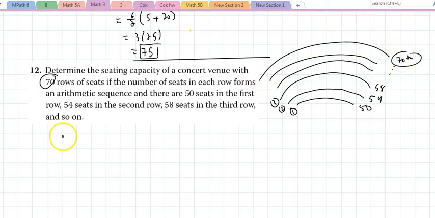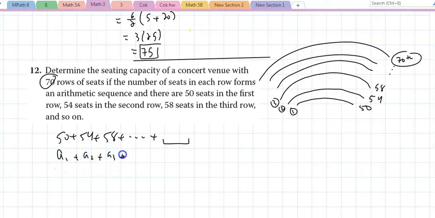So, I'm taking 50 plus 54 plus 58 plus, I'm not sure what the last one is. I'm taking the first plus the second plus the third, but I know this is the 70th. So, can I find the general term? The general term is the first term plus n minus 1 times the common difference.